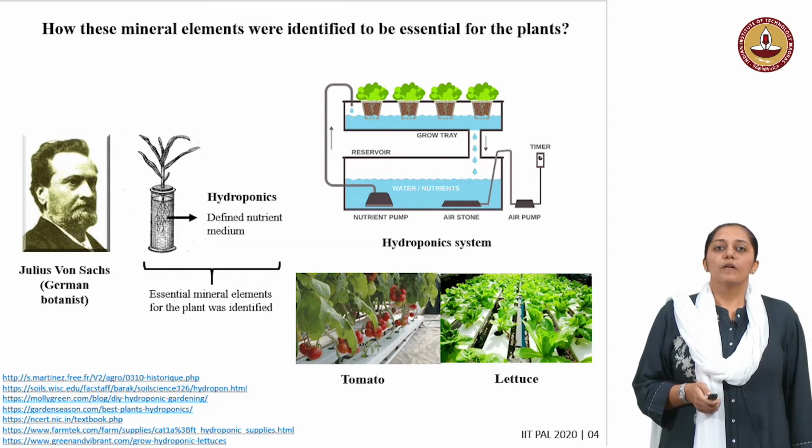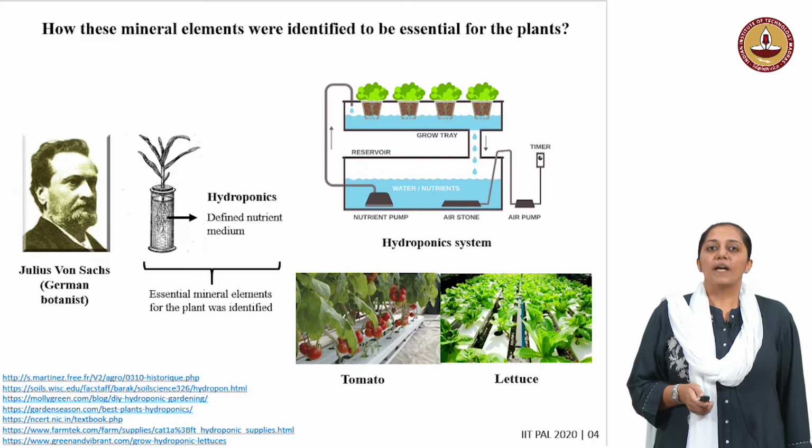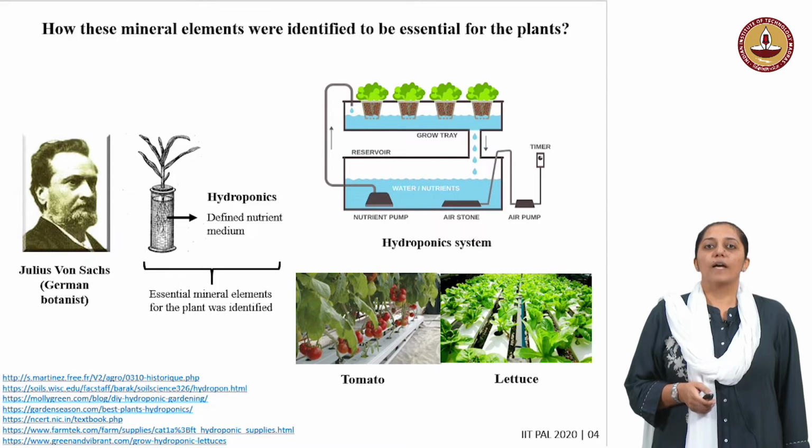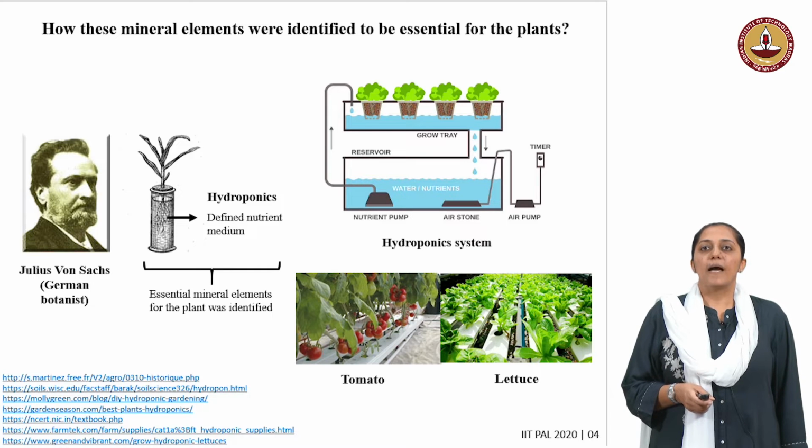A hydroponic system works by allowing minute control over environmental conditions like temperature and pH balance, and maximum exposure to nutrients and water.